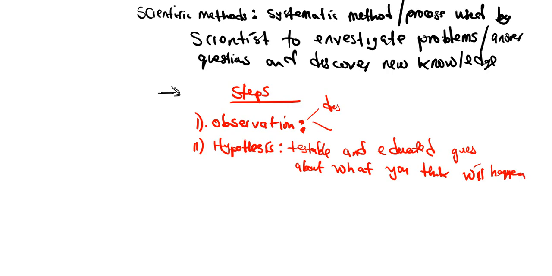Okay. So that is it. Just the testable and educated guess that you make after observation is what we call a hypothesis. So be ready to define such a word. Is that okay?